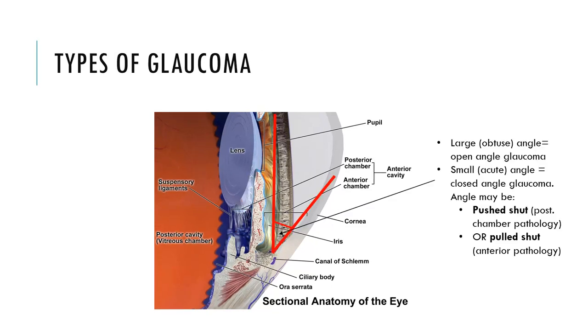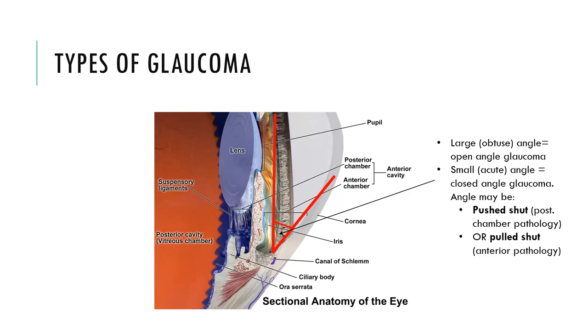Okay, so that brings us on to the two types of glaucoma. The first is called open angle glaucoma, and this is where there's a large angle, or an open angle, between the iris and the cornea. This means that the canal of Schlemm is not obstructed by the iris.